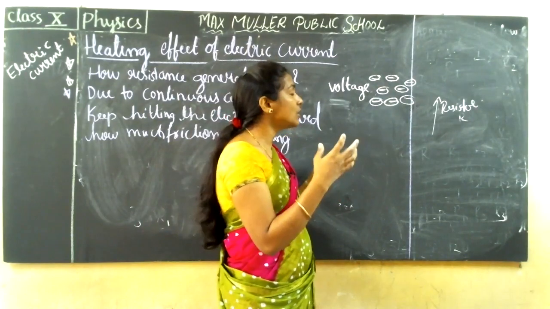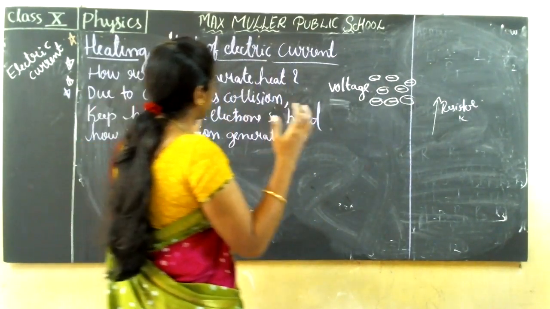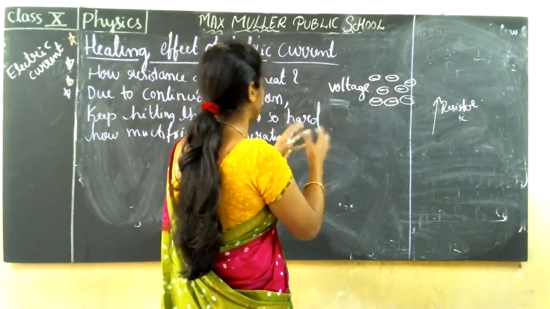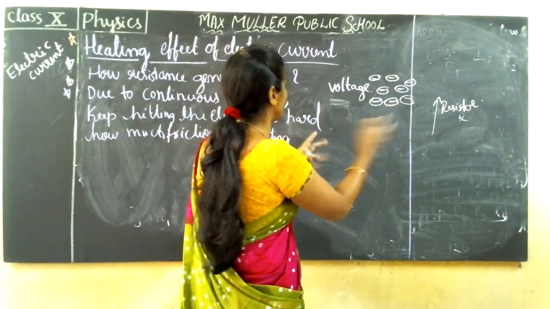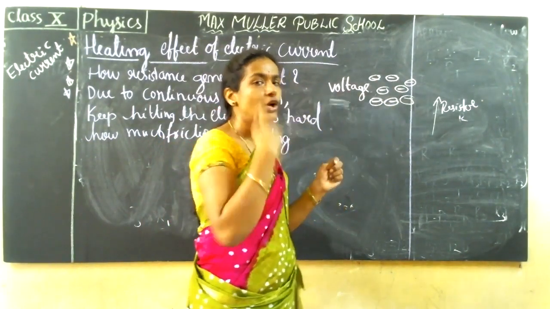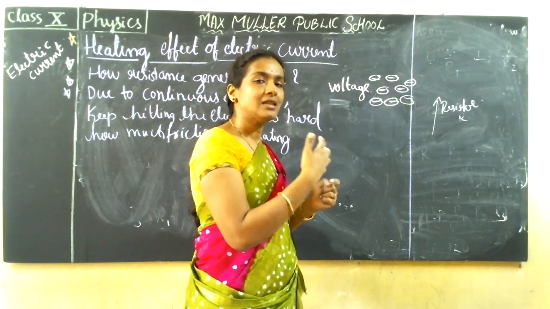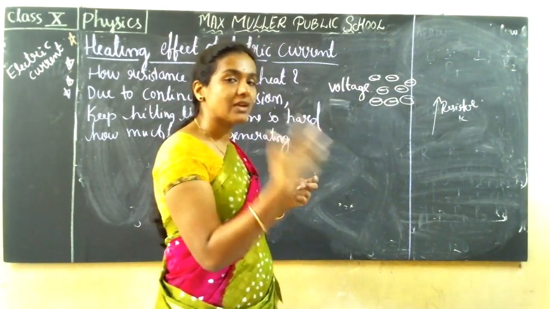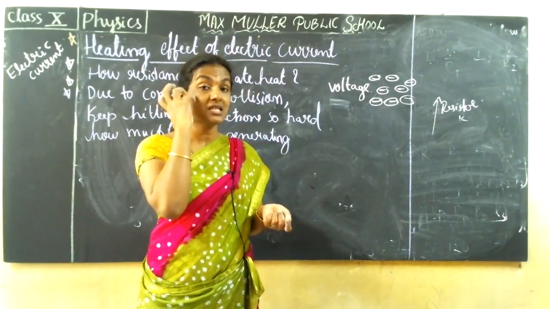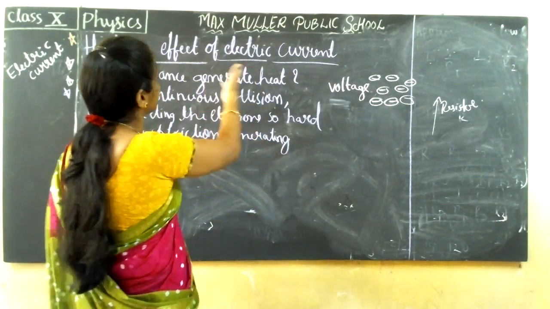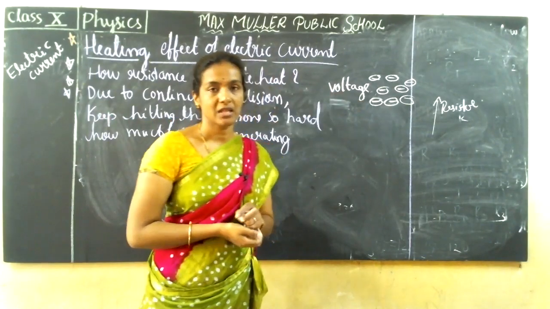Millions of electrons are going to hit each other very hard, and due to continuous collision, you can feel the heat. This is how the heating effect of electric current works. This is how resistance generates heat.